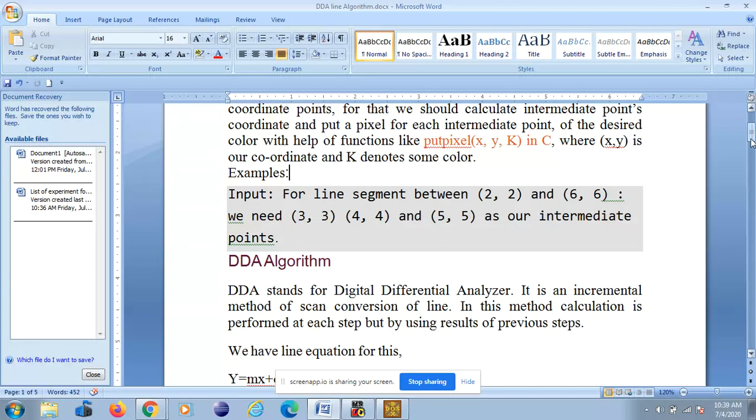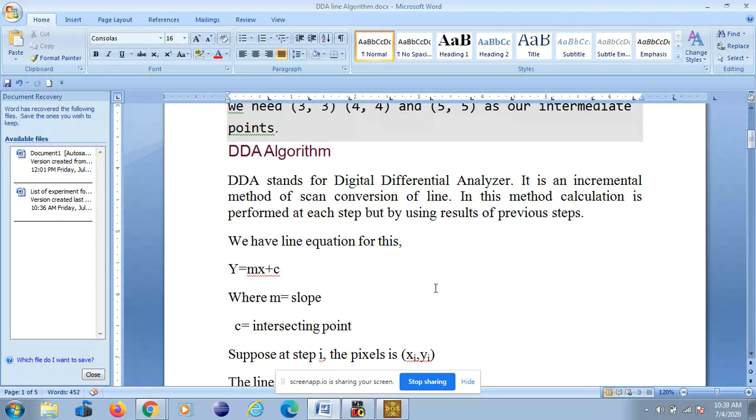We have the standard line equation, that is y equal to mx plus c.